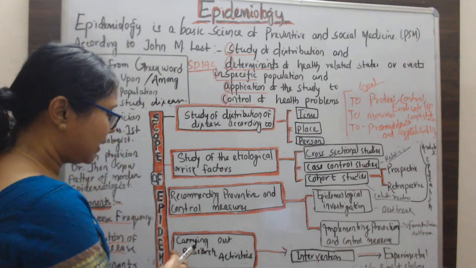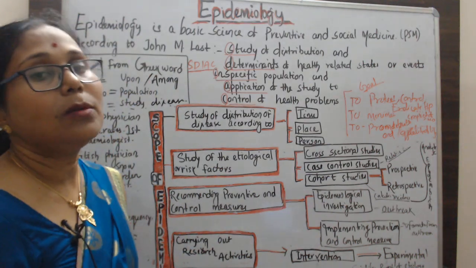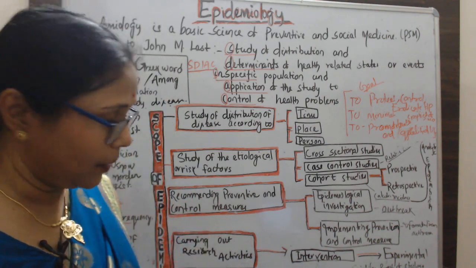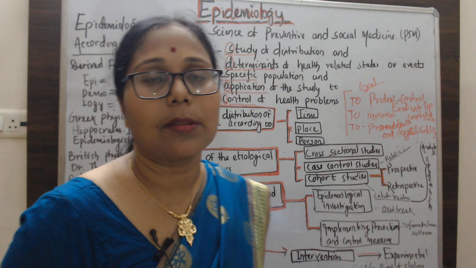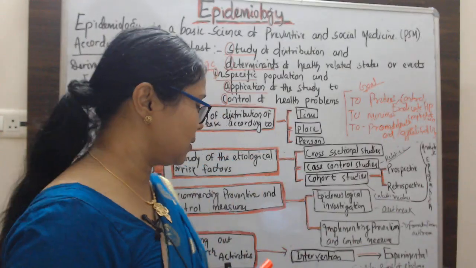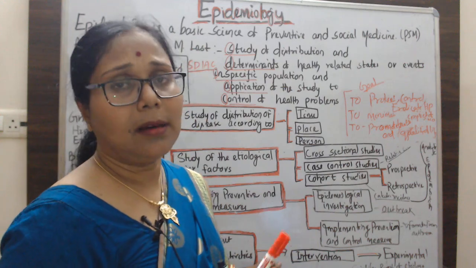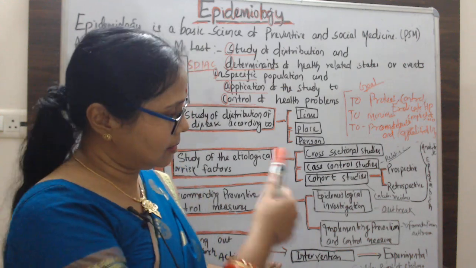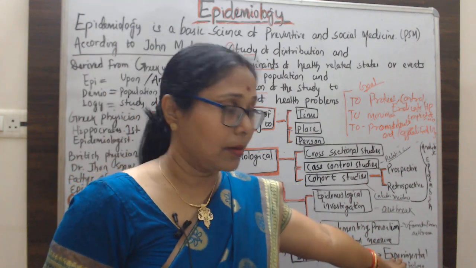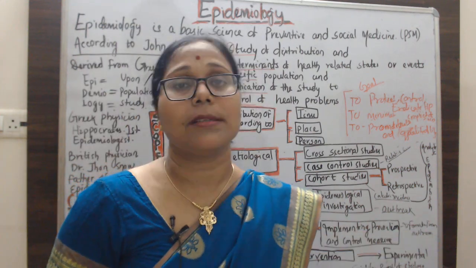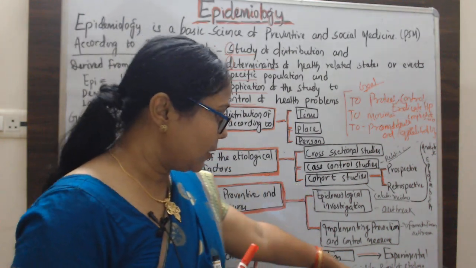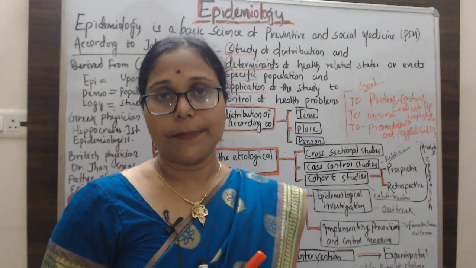And the fourth one is to carry out research activity. One of the benefits, or scopes, of epidemiology is to carry out research activity. Research means searching again and again, studying. This research activity can be obtained by the study of epidemiology, which is called intervention, or is considered experimental epidemiology, the scientific proof of etiology.